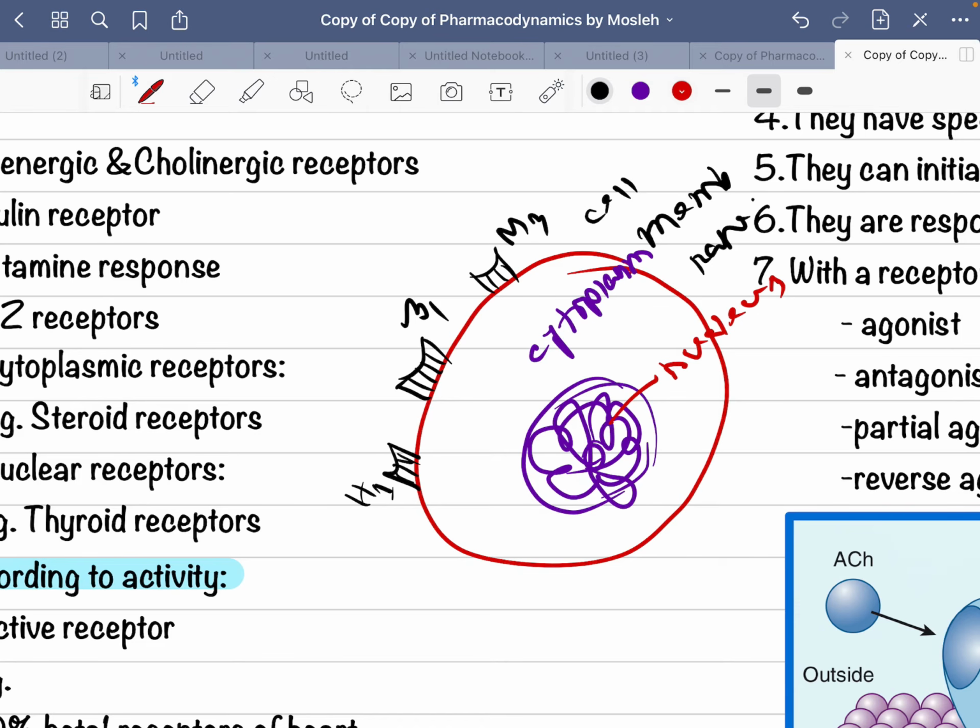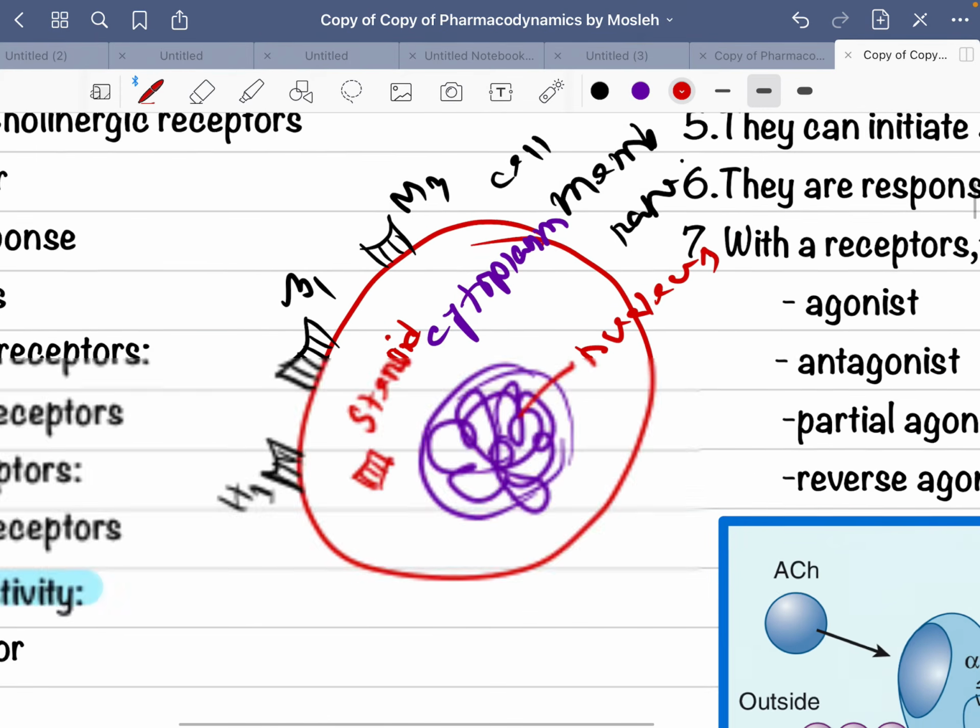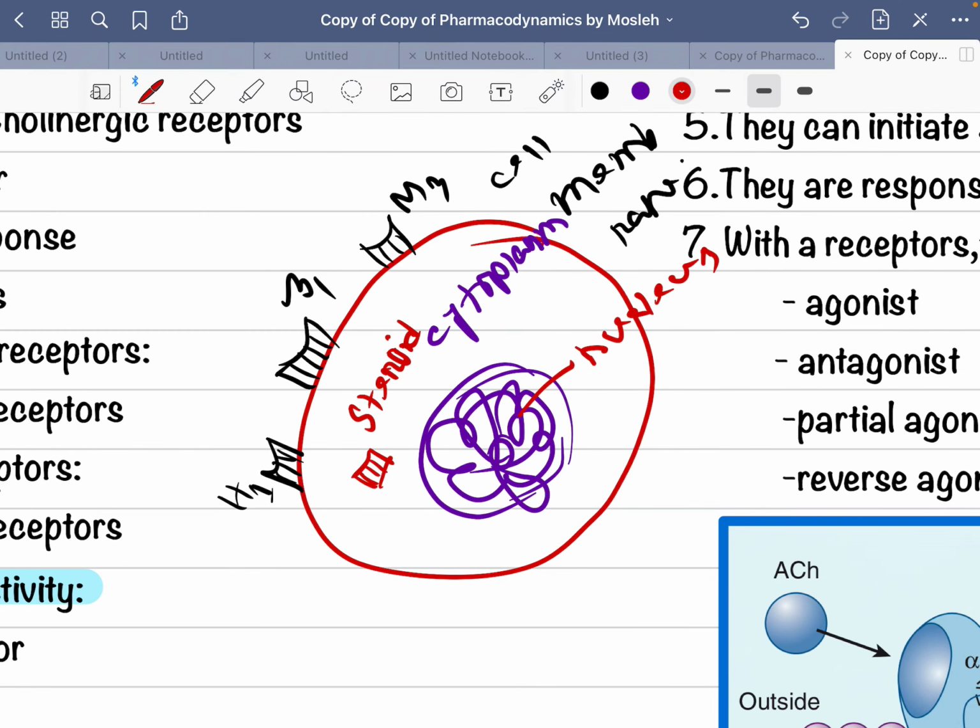Okay, and some receptors are located in the cytoplasm, such as the receptor for steroids. Actually the only receptor there is the steroid receptor, which is located in the cytoplasm. Okay, and another one is the thyroid receptor, which is located in the nucleus. You know that in the nucleus there is nucleoplasm.